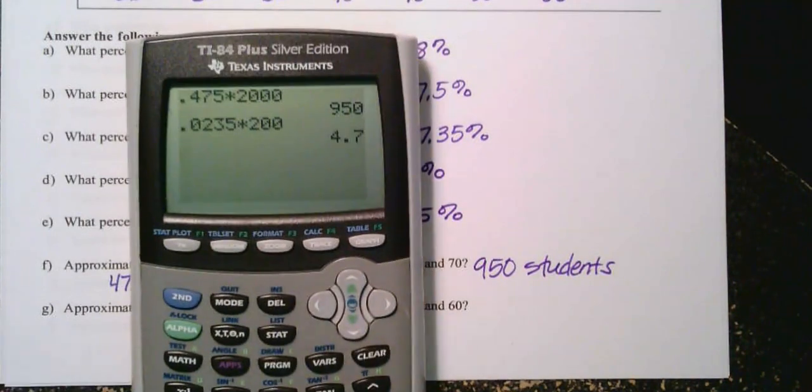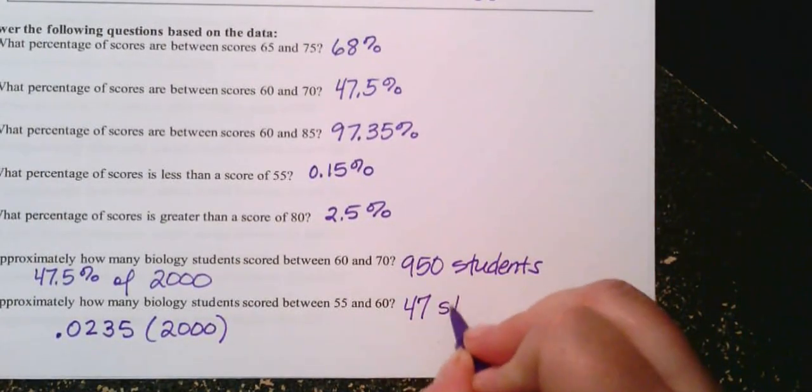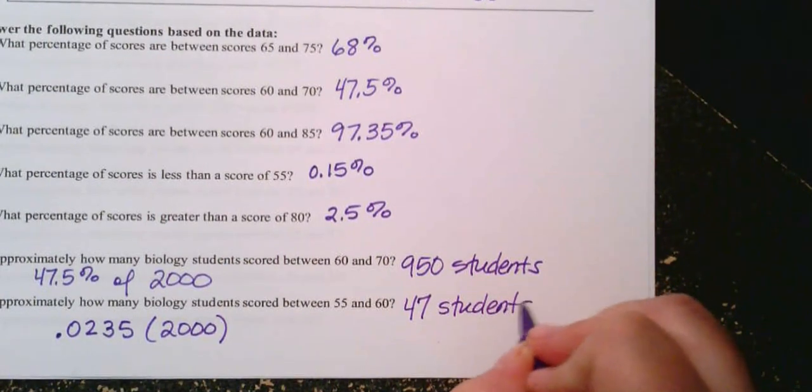Well, obviously that should let me know it's definitely not going to be 4.7 students. Let me know I left off a 0, so it's 47 students. Okay, 47 students. And those are my answers.